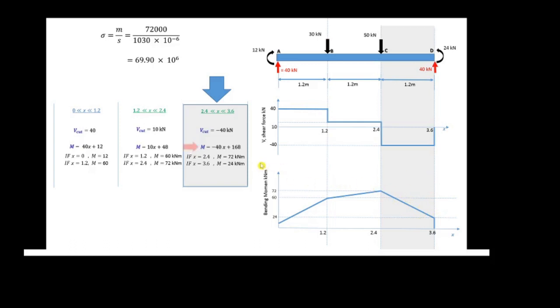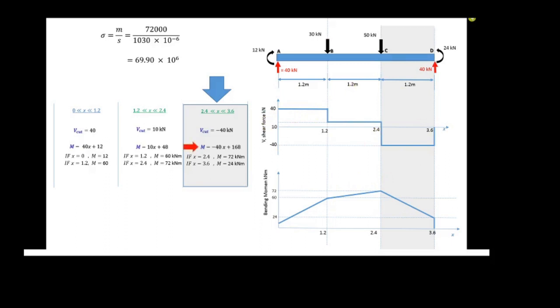So if the x is 2.4, the M value is 72 kilonewton meter here. If the x value is 3.6, you can get 24, and you close up your graph. Then we have completed our mission to draw the shear force diagram and the bending moment diagram.